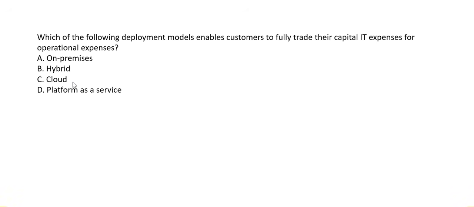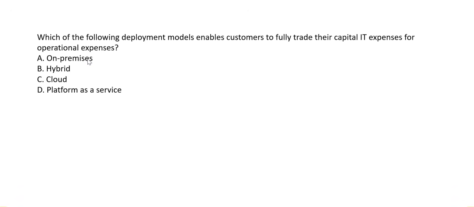C says cloud. Okay, cloud fully trades because you would reduce your capital IT expenses to negligible. Everything is operational as you pay as you go. So if you're having an EC2 instance which is reserved, that is where you have an option to do some upfront payment to get a better deal.